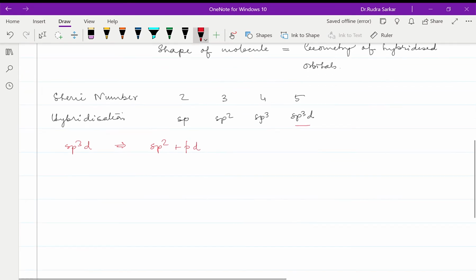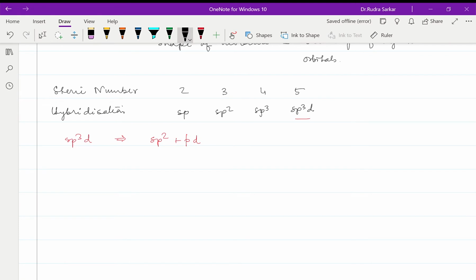Okay, and if you draw the hybridized orbitals, then it would be looking something like this. The sp2 orbitals will be disposed in space in this manner, where the lobes will be having an angle of 120 between them. So you can see this angle over here is 120, and the axial lobe will be placed along the z-axis, and this is basically your pd orbitals.